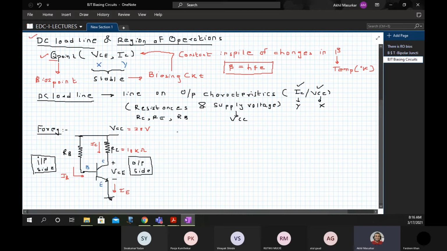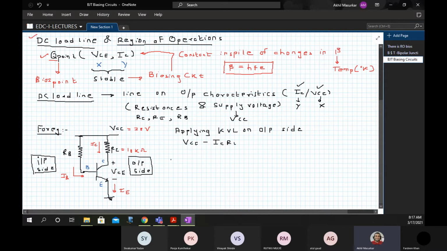Applying KVL on the output side, we can start with VCC. The voltage drop in the direction of current is negative, so minus ICRC.